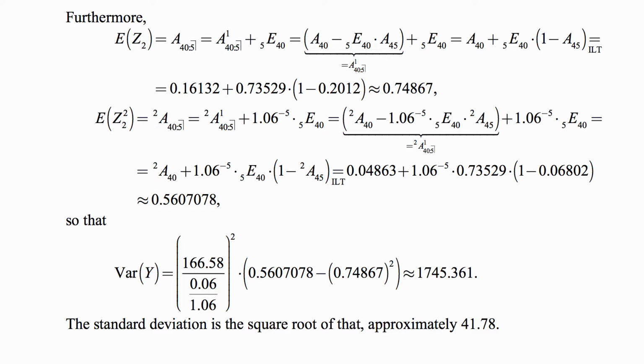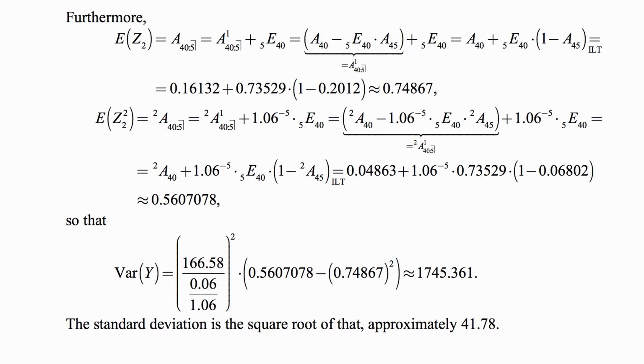1.06 to the negative 5, which is the same as e to the minus delta to the fifth, or e to the minus 5 delta. If you want to double the force of interest, you need to write e to the minus 10 delta, or 5 times 2 delta.